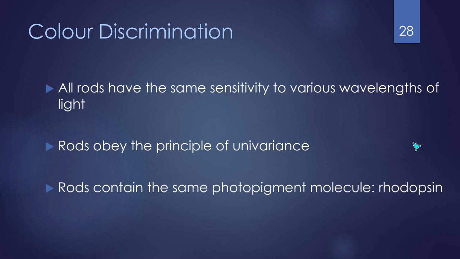But we fail to see colors under dim illumination, like moonlight, because dim light stimulates only the rods, and the output of that single variety of photoreceptor doesn't permit color vision, because we don't have the relative differences in rod responses. So they do obey the principle of univariance because we've only got one, but it does restrict our color perception.